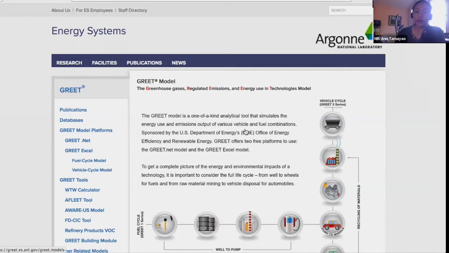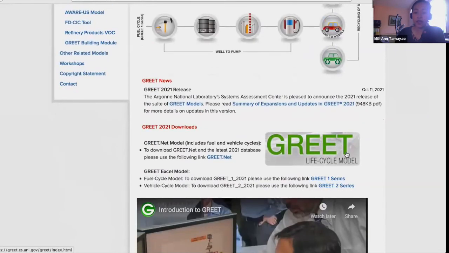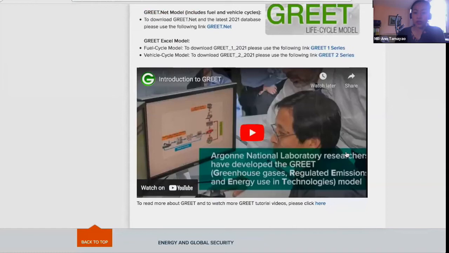that was developed by Argonne National Laboratory. It was sponsored by the U.S. Department of Energy, and you can actually download it. It's a life cycle model. It's very useful, especially when you are dealing with transportation.